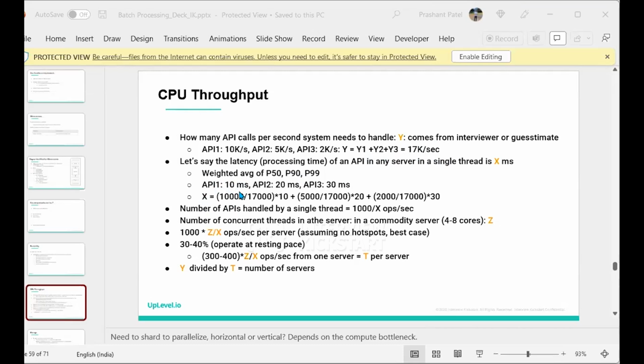X would be this value, and maybe you can replace all the values later. You would have to add all those times in seconds. The number of APIs handled by a single thread would be 1,000, which is the reciprocal of X, converted into seconds.